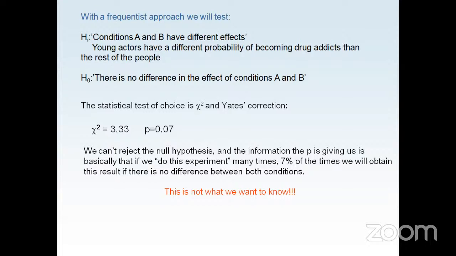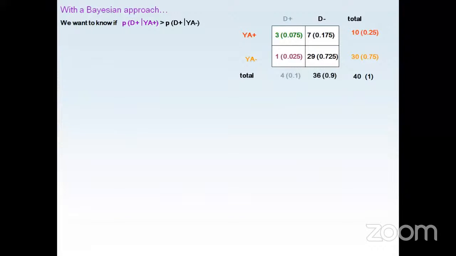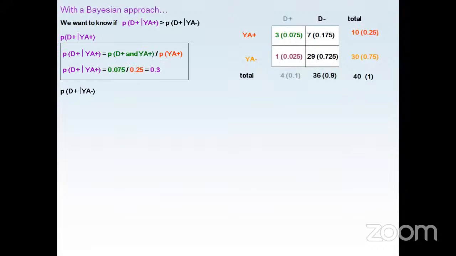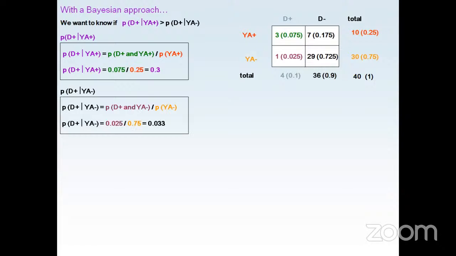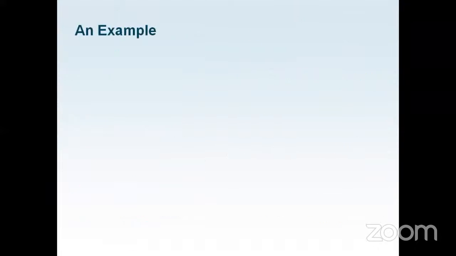It tells us that 7% of the times we will obtain this result if there is no difference between both the conditions. And we have a strong belief that young actors have more probability of becoming drug addicts. So you can just ignore these calculations. We're just coming to the final conclusion that we have seen.